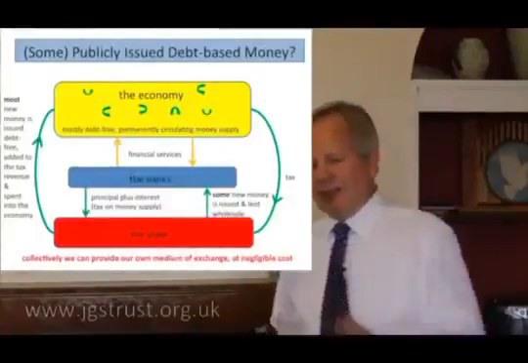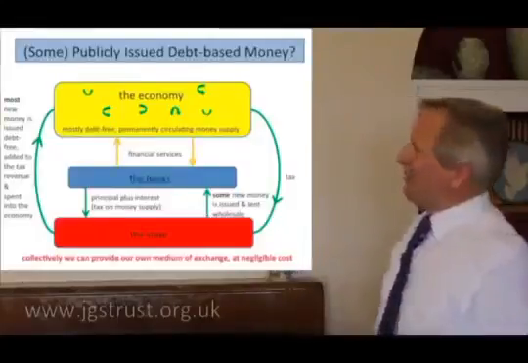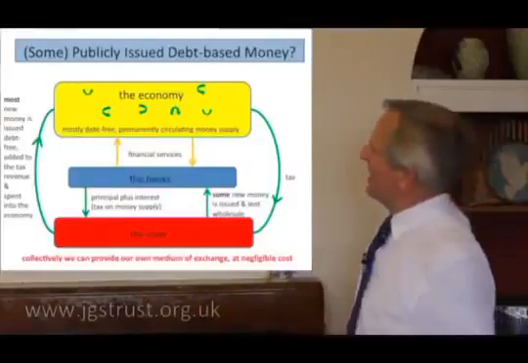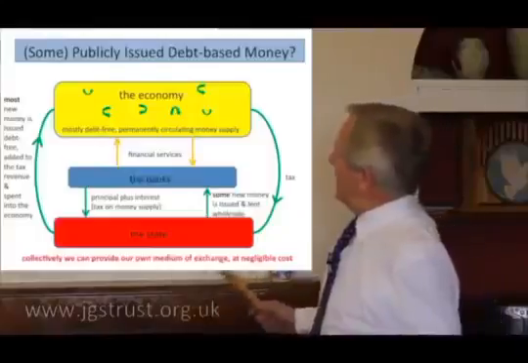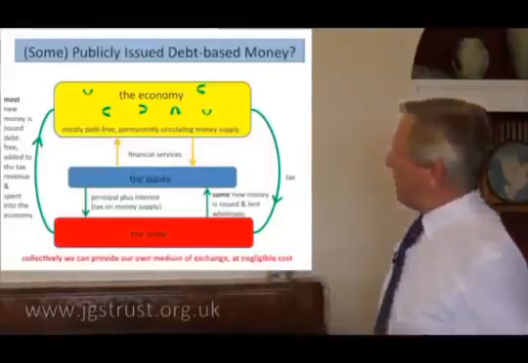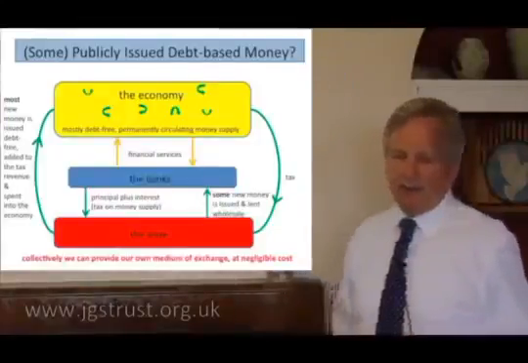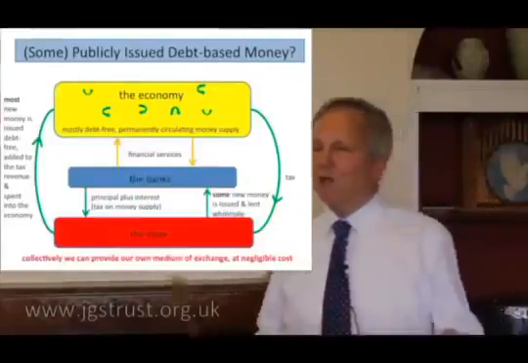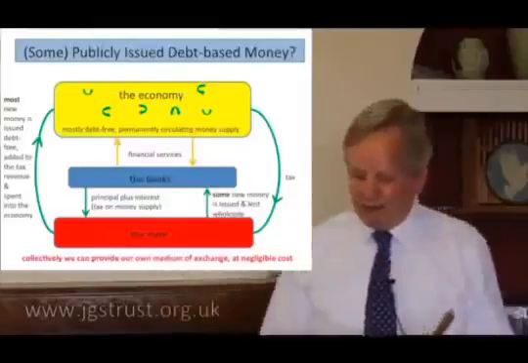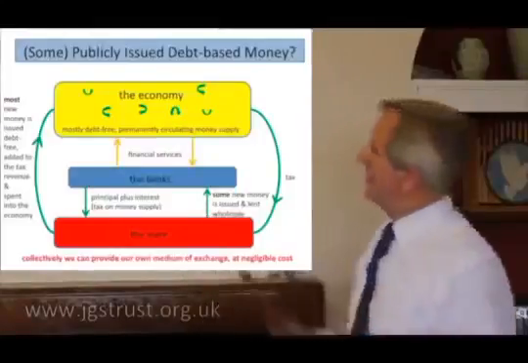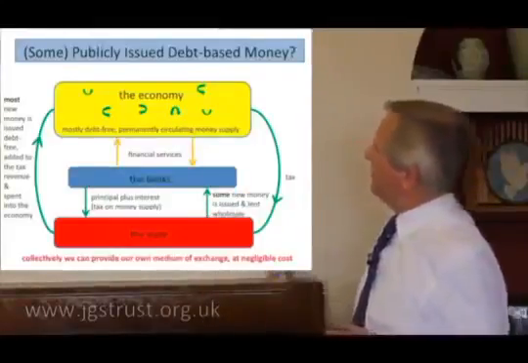So I'm just having a dig at the anarchists here, who I often debate with on the internet. So collectively we can provide our own medium of exchange, our own bunch of numbers at negligible cost. You have to pay some guy to type them in, sure, but it's not a big expense. So that's the alternative which we're all working towards.